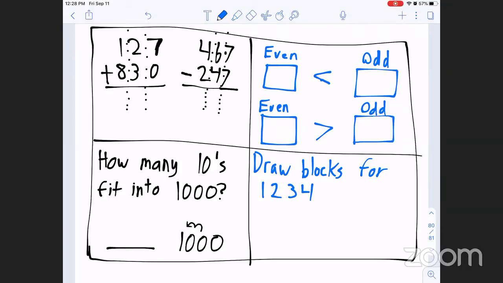Another minute or two on warm-up problems. We won't go over them. If there's one you don't know, just skip it and come back.